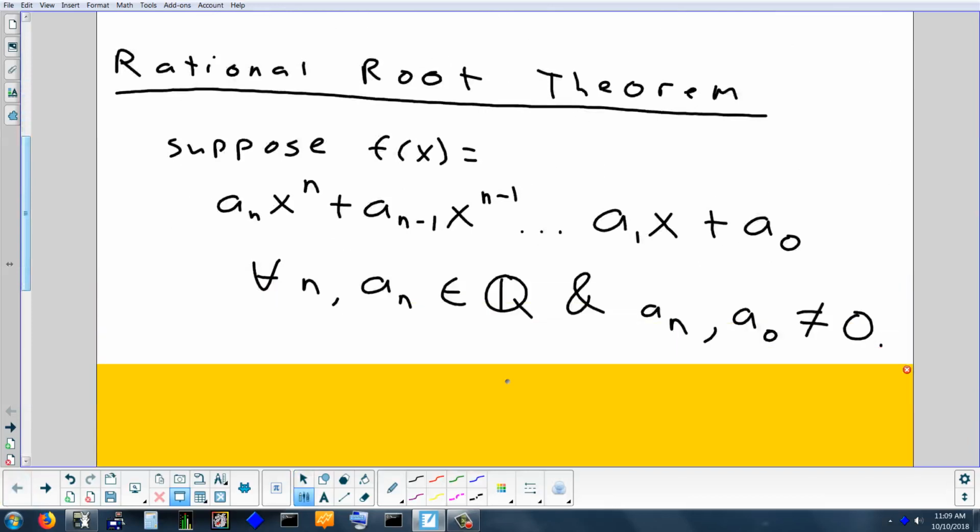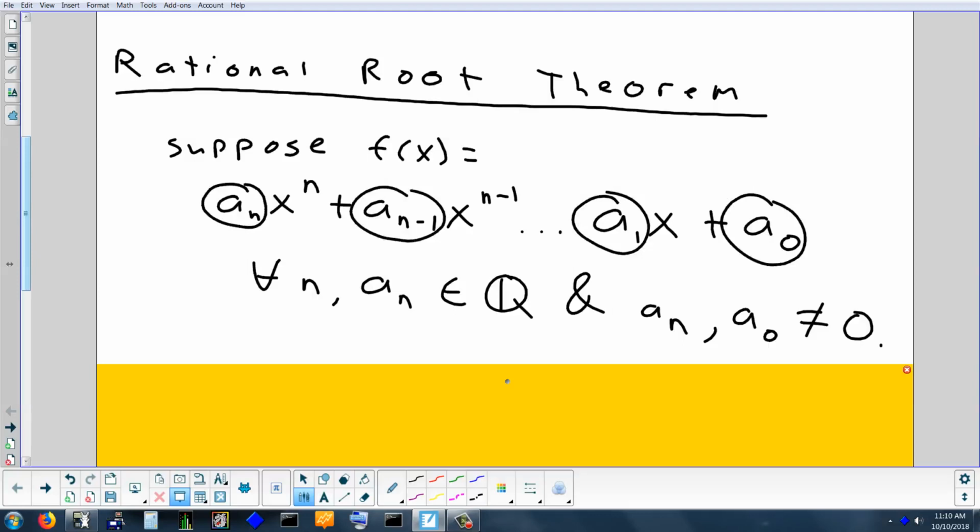Great. That's just fancy math language. I'll translate it if you want to write it down translated. What it's basically saying is that every coefficient in front, the ones I'm circling right now, and the constant, they are all rational numbers.